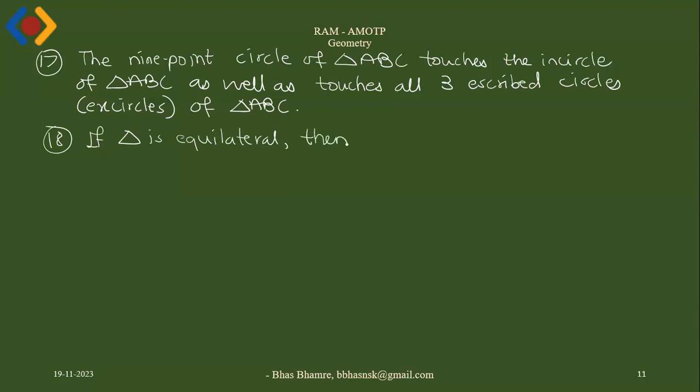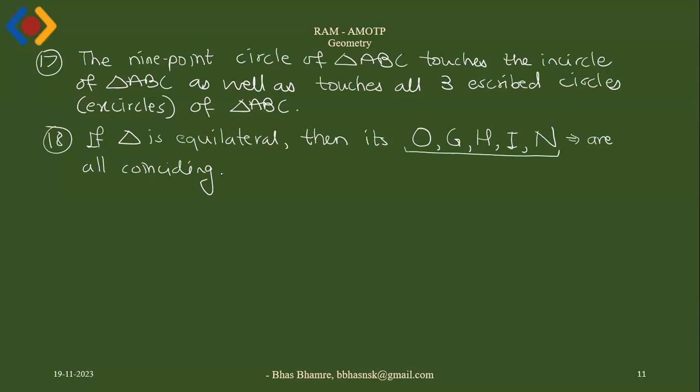They all are coinciding. So if the triangle is equilateral, then all those points coincide with each other. Its converse is also there.